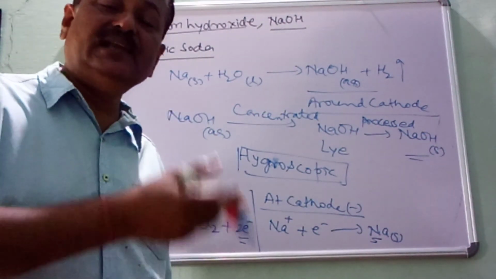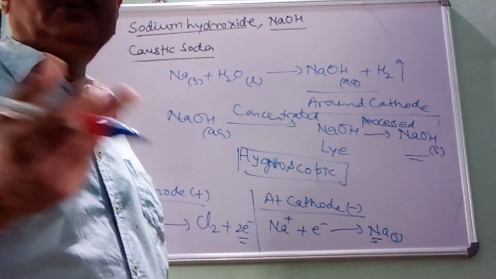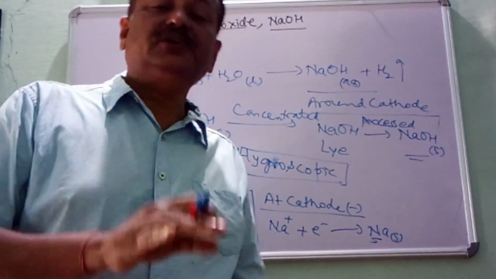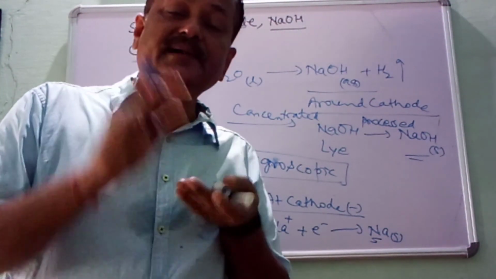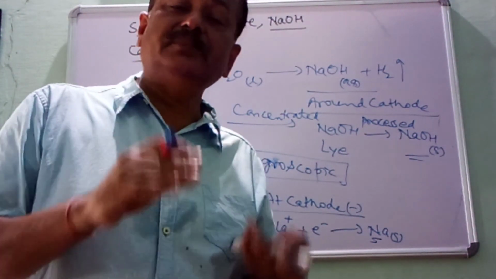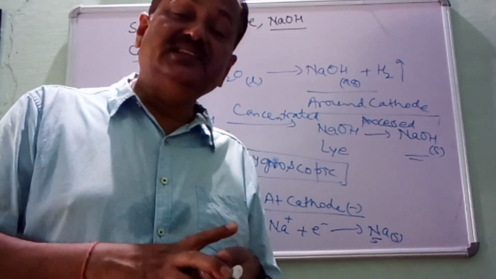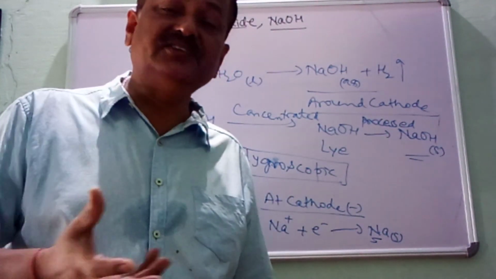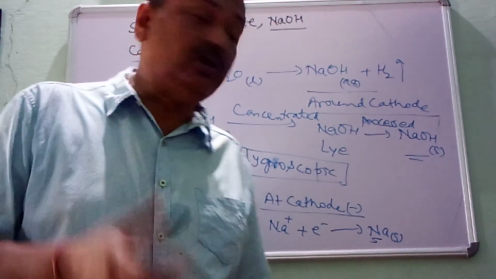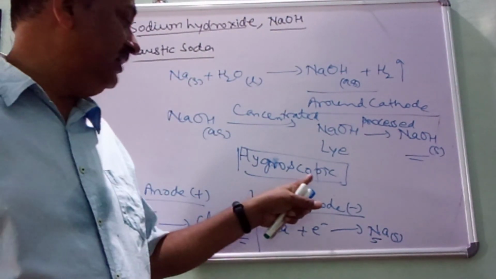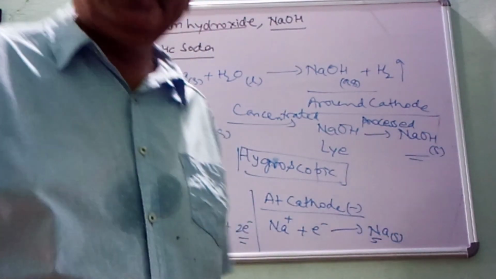In the laboratory, we keep sodium hydroxide closed very tightly, but the container contents become runny, because it absorbs moisture from the outside, and this property of any substance is called hygroscopic.